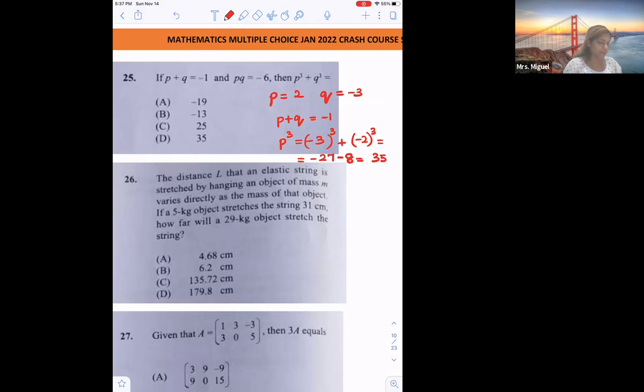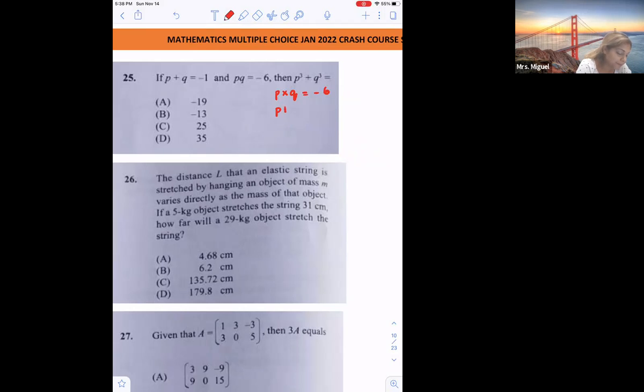There's an error in this question. Let's try it back. We have two numbers which, when multiplied, give negative 6. So P multiplied by Q gives negative 6, and P plus Q gives negative 1.